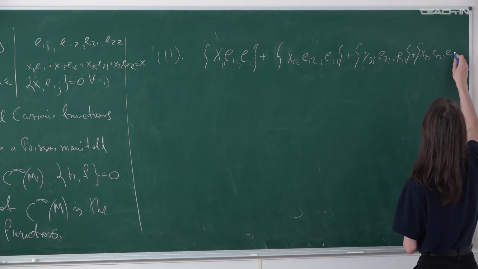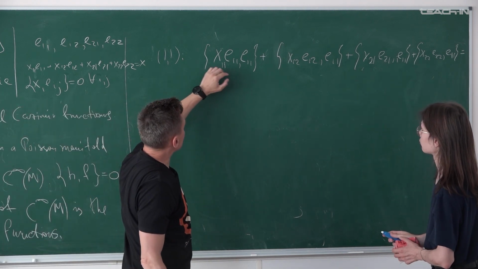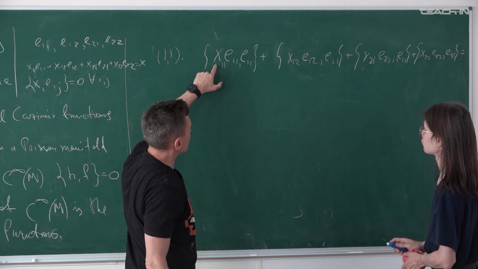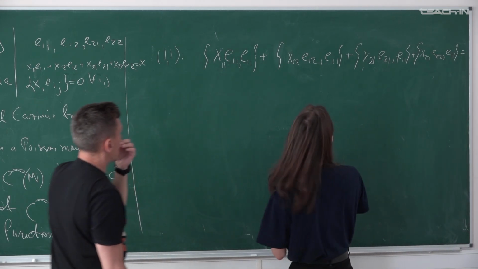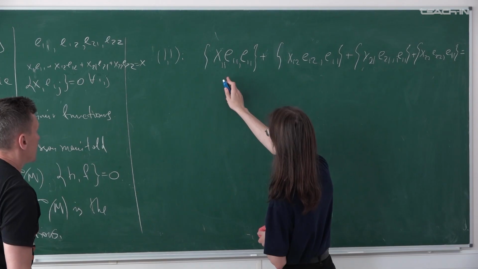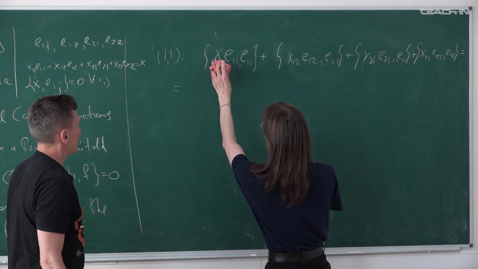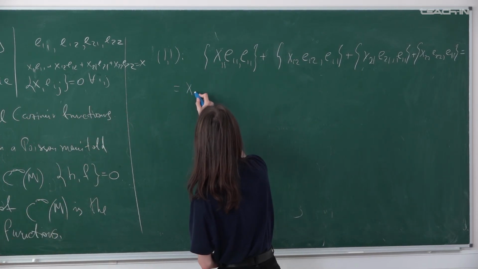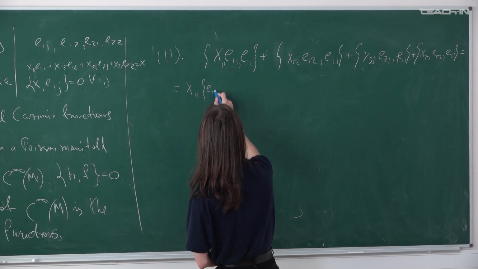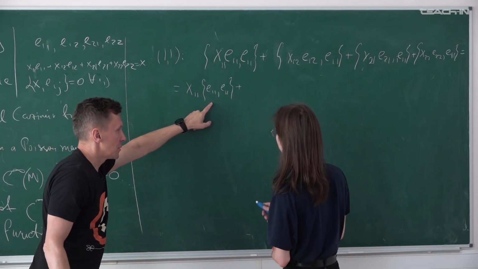Now you see that the Poisson bracket is linear with respect to multiplication by scalars. These are scalars. So x11, bracket of E11 with E11, you know that it is 0.